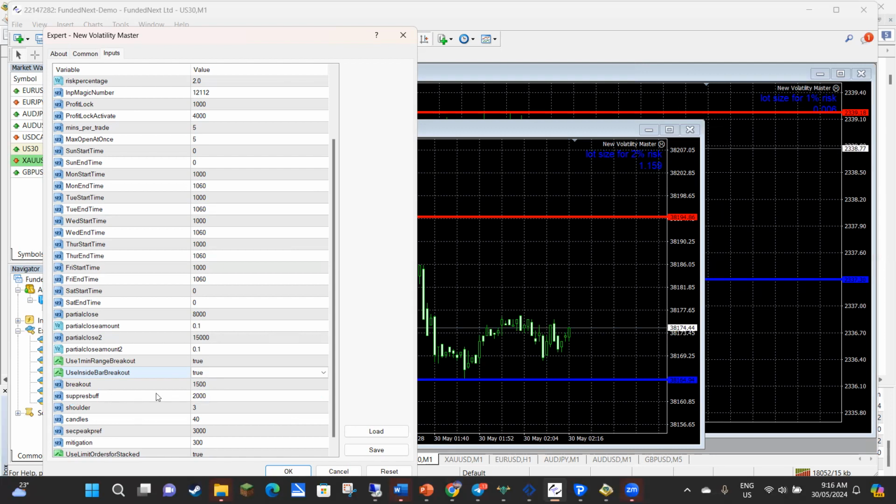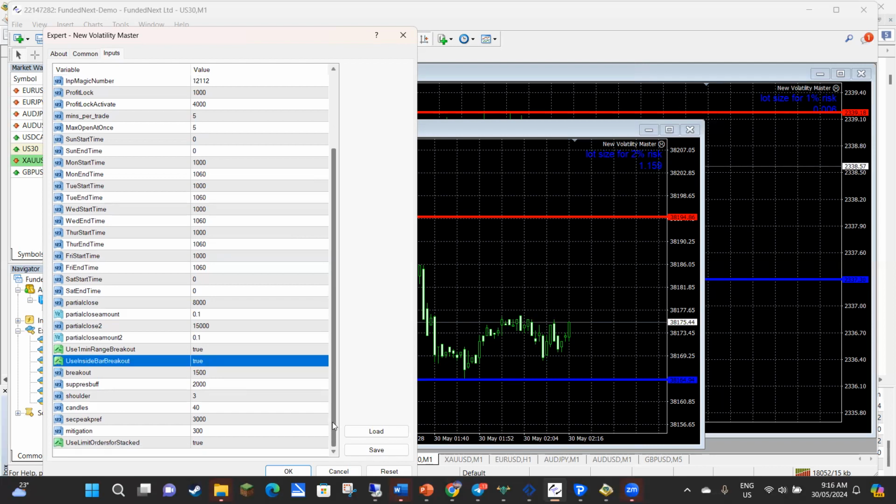Support and resistance buffer. That helps in the calculations of where the top and the bottom of the range is calculated and displayed.